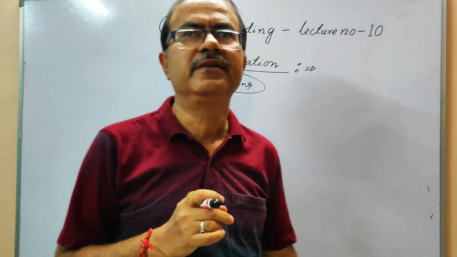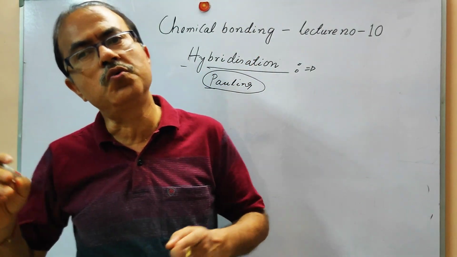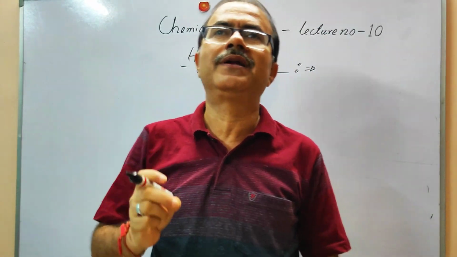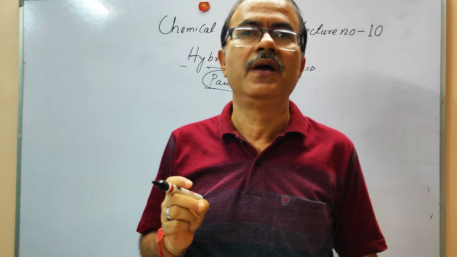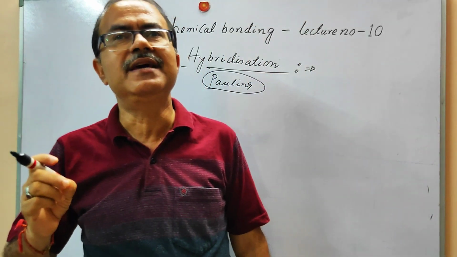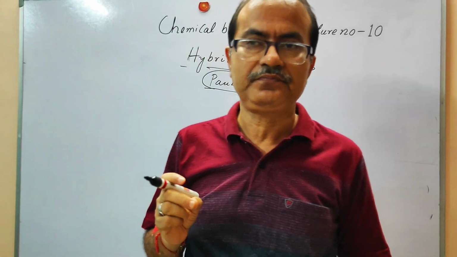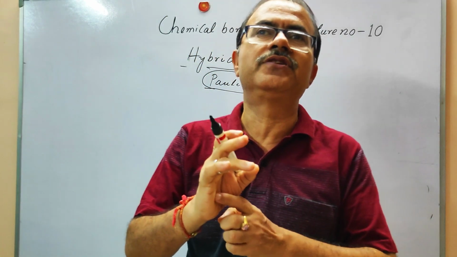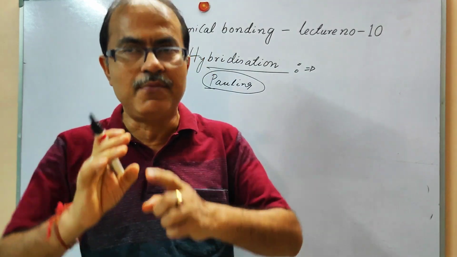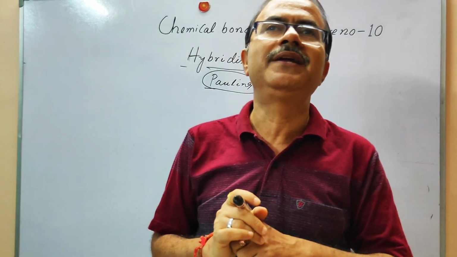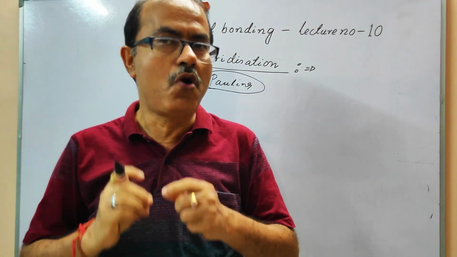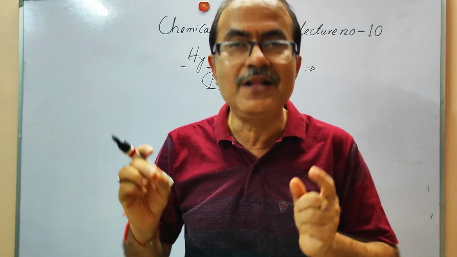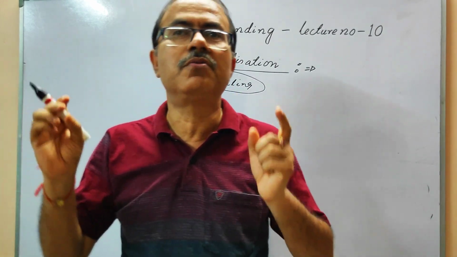It is nothing but the mixing of two or more atomic orbitals of the same atom that have slightly different energies. The energy is redistributed among these atomic orbitals, and they form a new set of orbitals of equal number, and these orbitals are called hybrid orbitals. This intermixing of atomic orbitals is the hybridization.